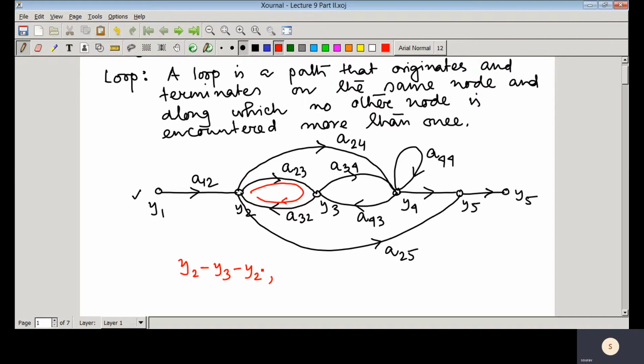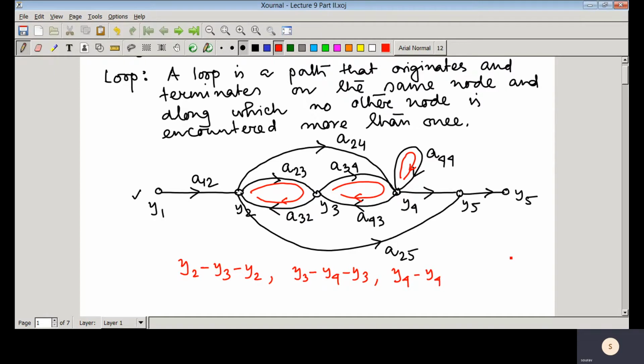We have another loop, that is y3, y4 and y3. Then there is another loop, that is y4, y4.